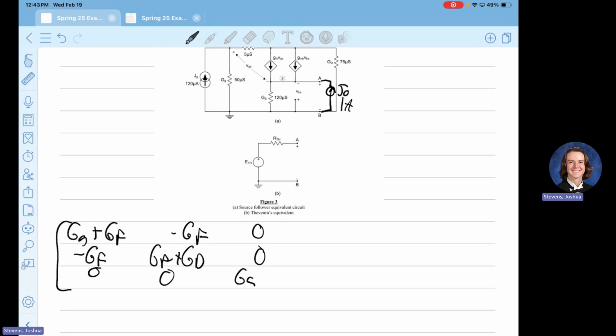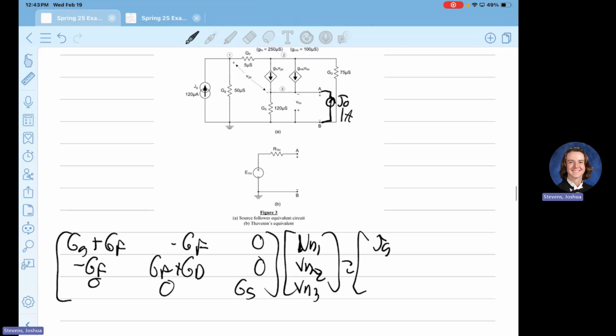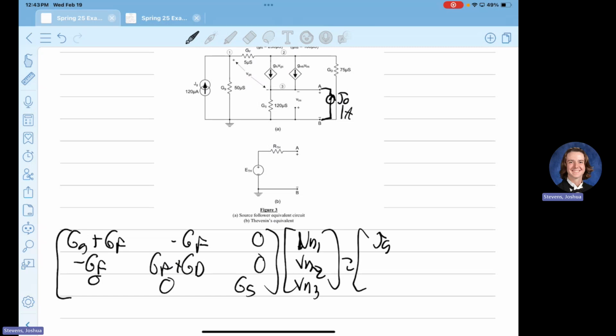Just GS. This is VN1, VN2, VN3. Things touching node 1, JG. It's going into, and there's nothing else. Node 2, we have 2 sources going out of node 2. What does that mean? I agree.